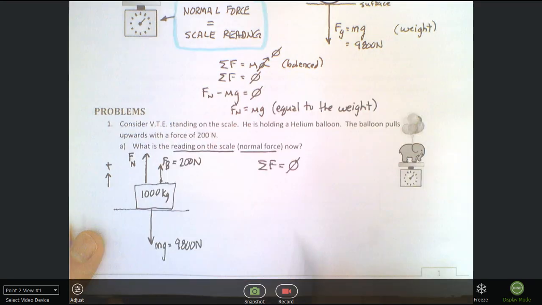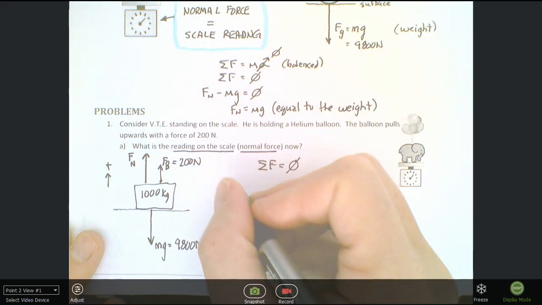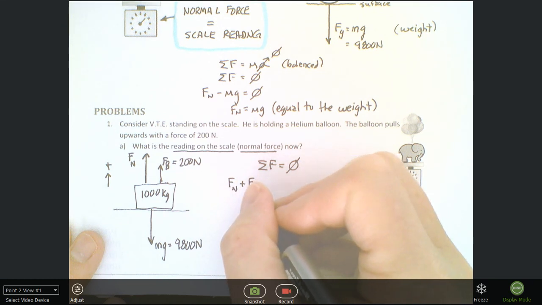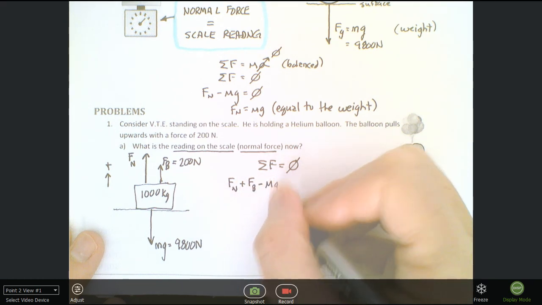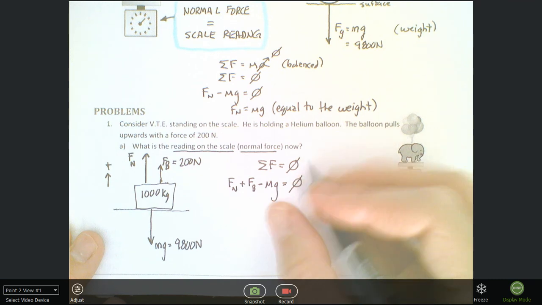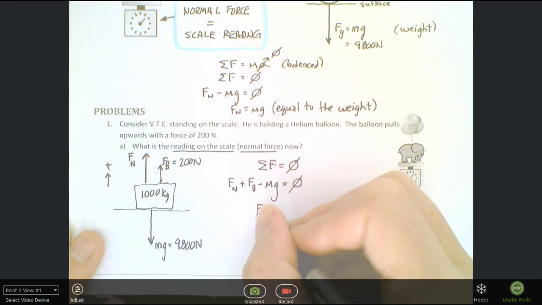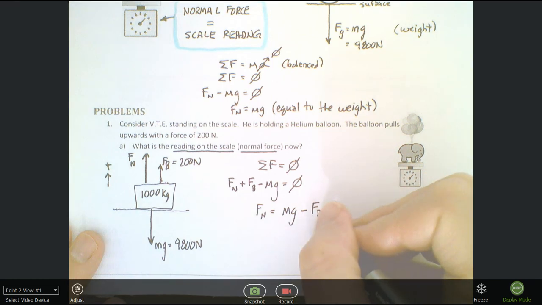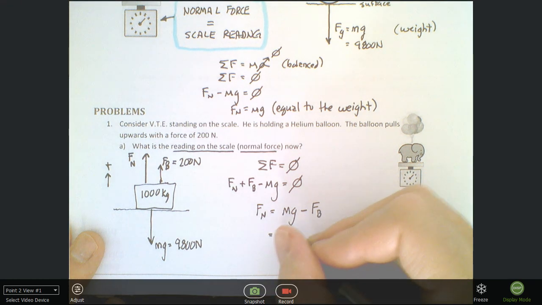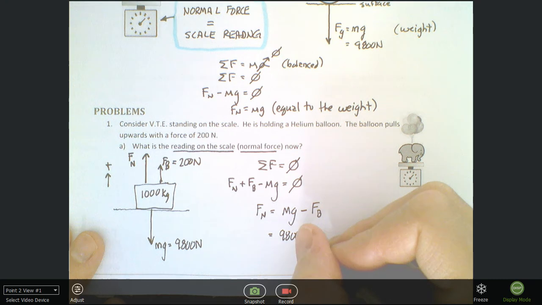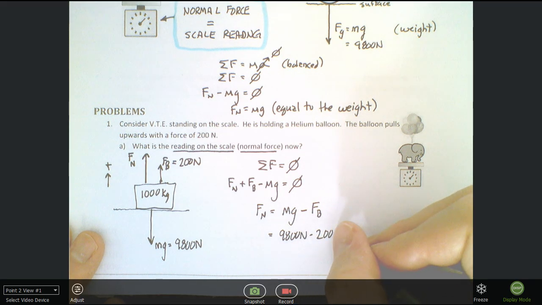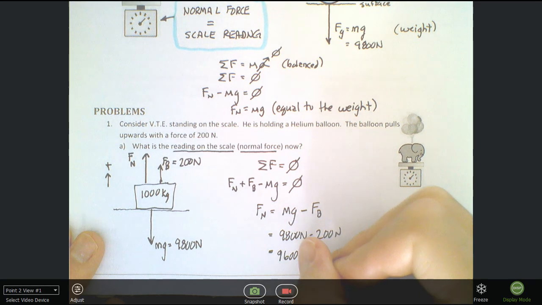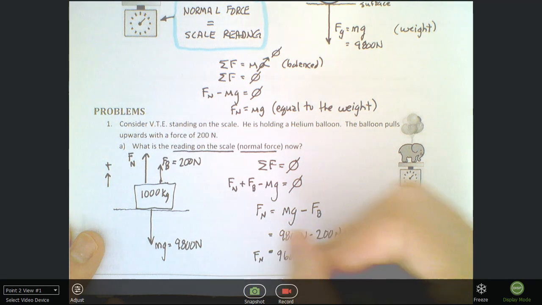the normal force. So now if you look at it, the normal force plus the balloon force minus the weight must be 0. So the normal force is going to be the weight minus the force of the balloon. 9,800 newtons less 200 newtons equals 9,600 newtons is what the normal force is.